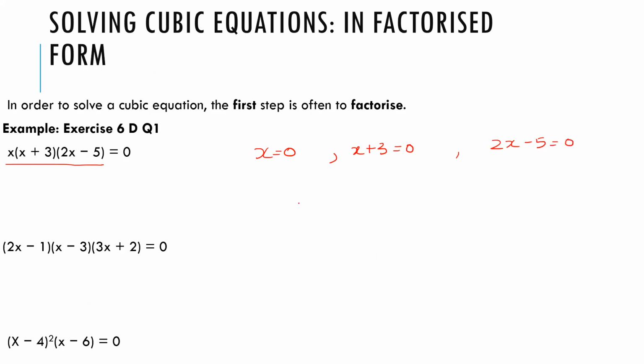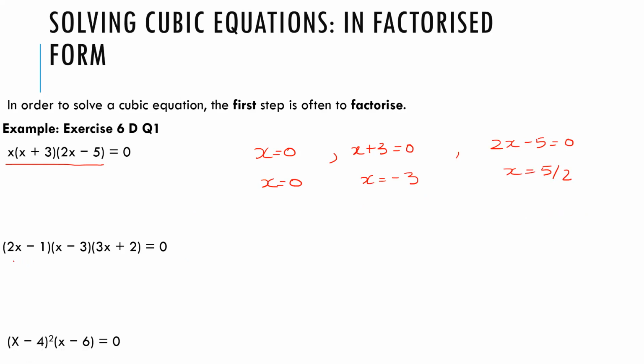This is called the null factor law, because it's in factorized form and each of the factors is equal to 0. x equals 0, x equals negative 3, and x equals 5 over 2. So these are the three x-intercepts. Because it's a cubic equation, the graph is going to cut at 3 spots.